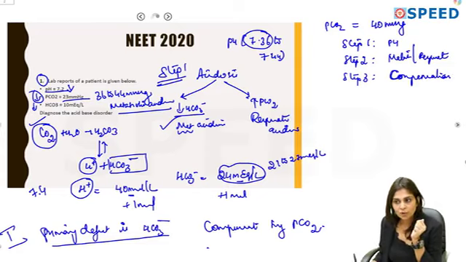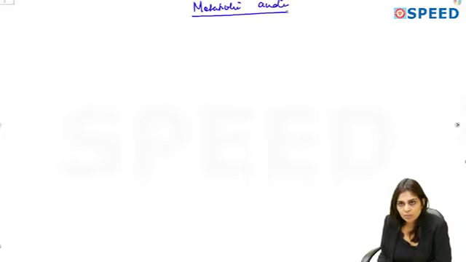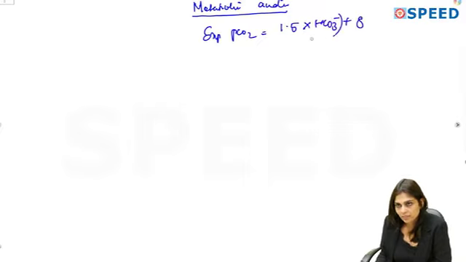So, what is the first formula I told you? The formula for compensation in metabolic acidosis. Expected PCO2 is equal to 1.5 into bicarbonate plus 8.